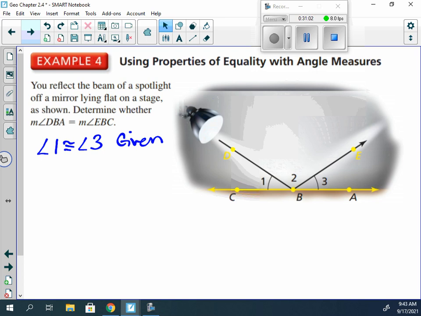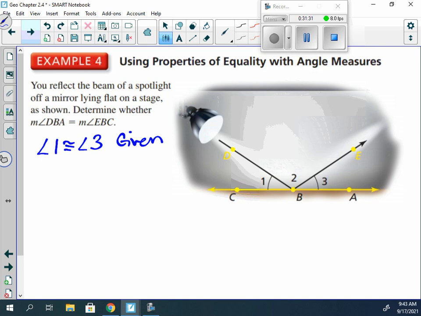We want to show that the measure of DBA is equal to the measure of EBC. That's our last step. So really, even on the test, there should be some really easy ones: one, writing down what they gave us, and two, they're going to tell us what's going to be on the last one, because that's what we have to show. Now, we were told that 1 and 3 are congruent.